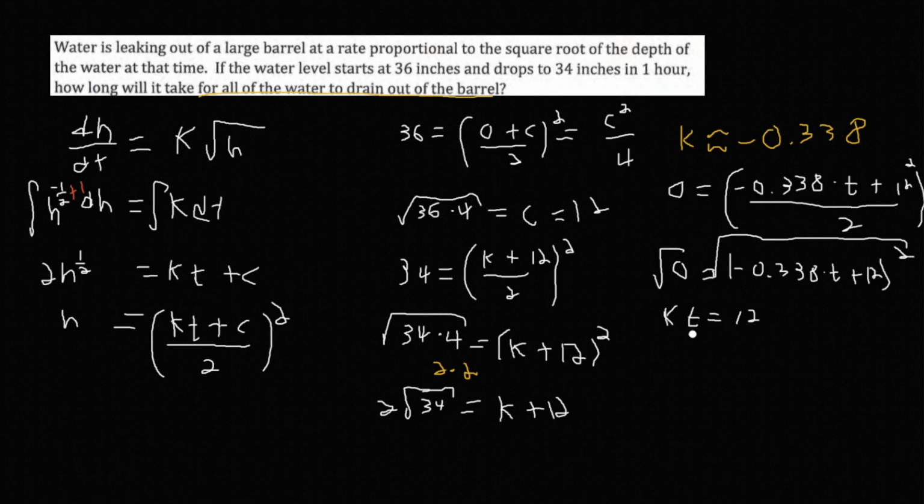And then we can divide both sides by k, and t is now 12 over 0.338. It's actually positive now, so it's not negative. So now this is about 35.5 hours.